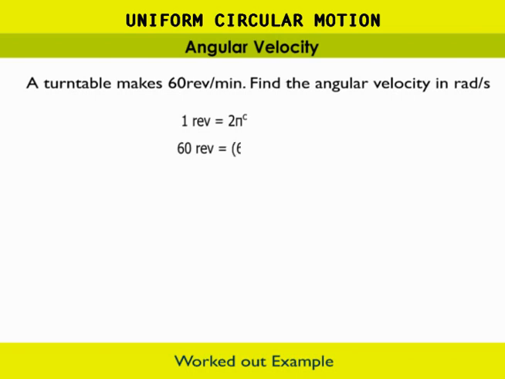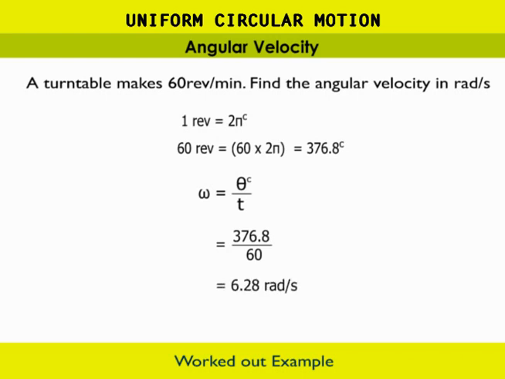That will be 60 times 2 pi, which gives us 376.8 radians. We know that angular velocity is equal to theta over t. That is 376.8 over 60 seconds. That is 1 minute. And that gives us 6.28 radians per second.